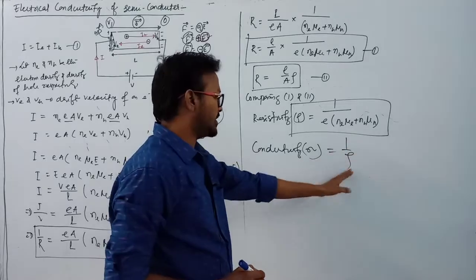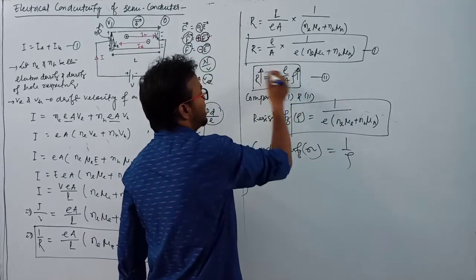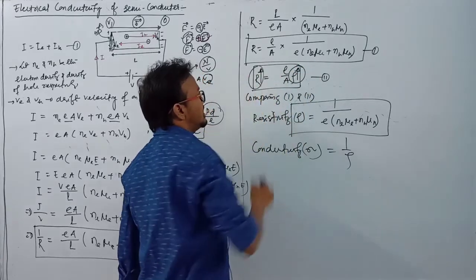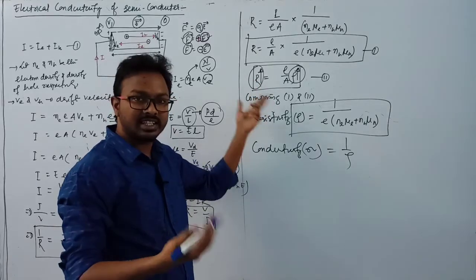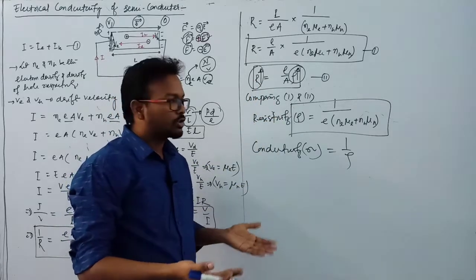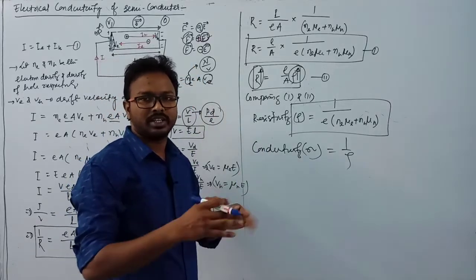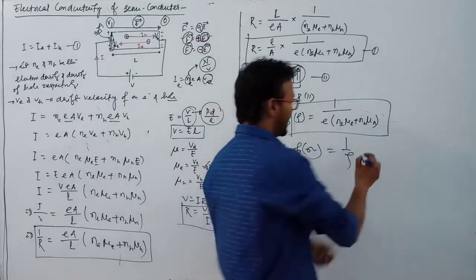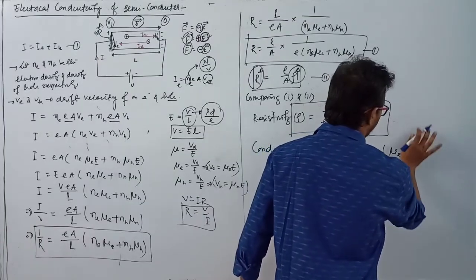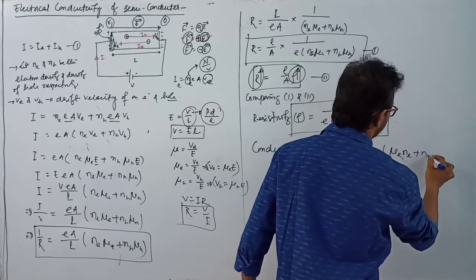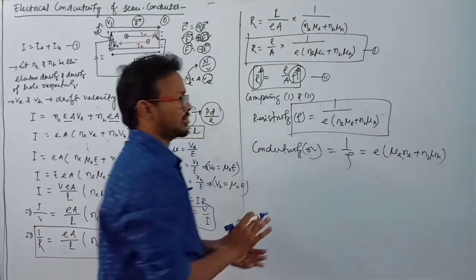If resistivity increases, then the resistance of the conductor increases and the electrical conductivity decreases. Resistance increasing means the opposition increases, so current decreases, which means electrical conductivity decreases. So sigma, 1 by rho, equals E times Ne mu E plus NH mu H. This is the expression for conductivity.